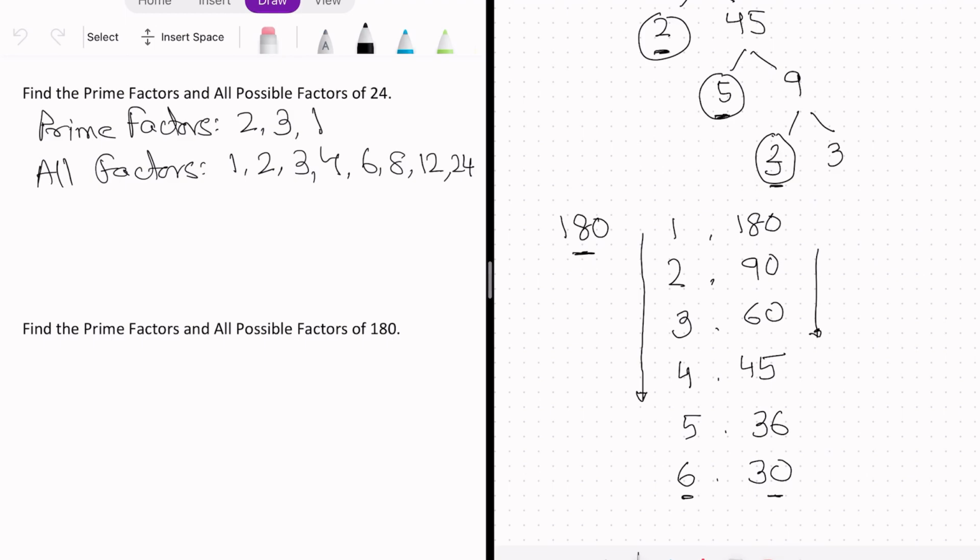Now this is where memorizing squares comes in very handy. So I know 13 square is 169, and I know 14 square is 196, and 180 lies in between 169 and 196.